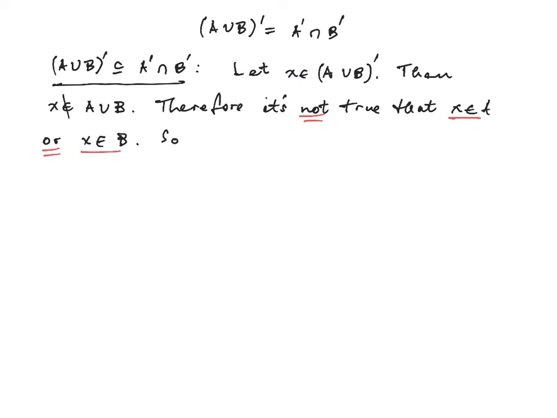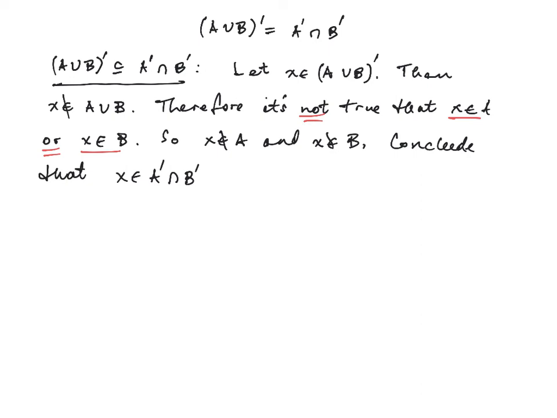what that says is that X is not in A and X is not in B. So that allows us to conclude that X is in the intersection of the individual complements.